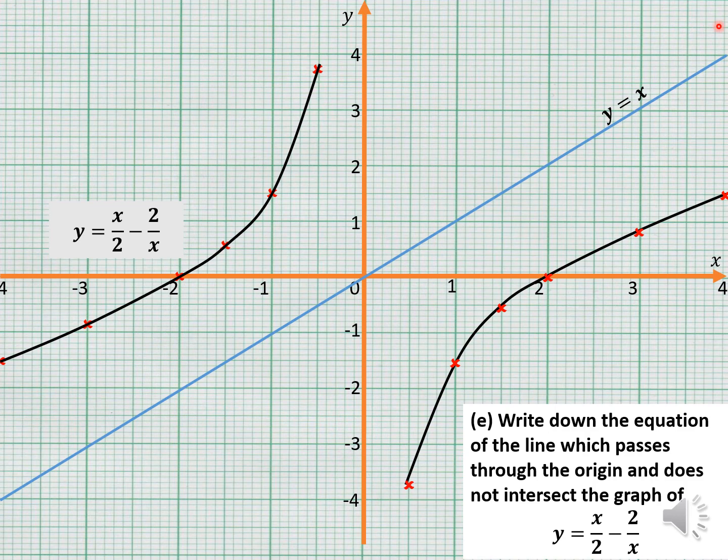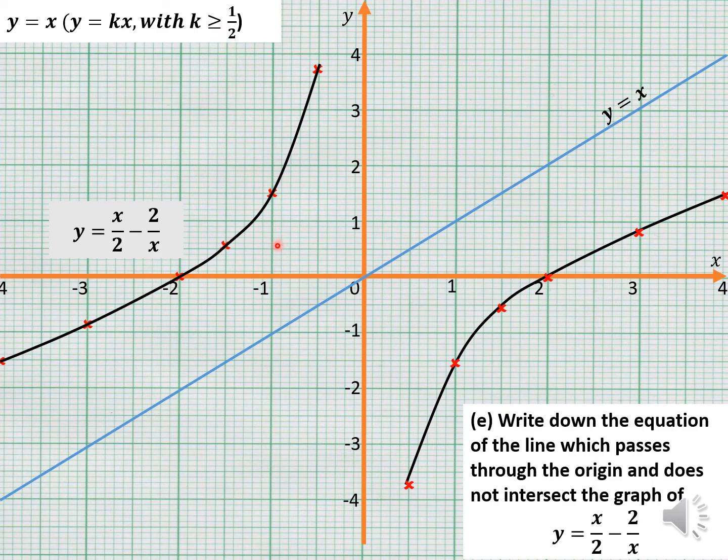So the gradient has to be positive, but the gradient there also has to be a certain value. That gradient has to be bigger than or equal to a half, because you will see, I'll take one example where I make the gradient less than a half, so you can see exactly what we mean by that.